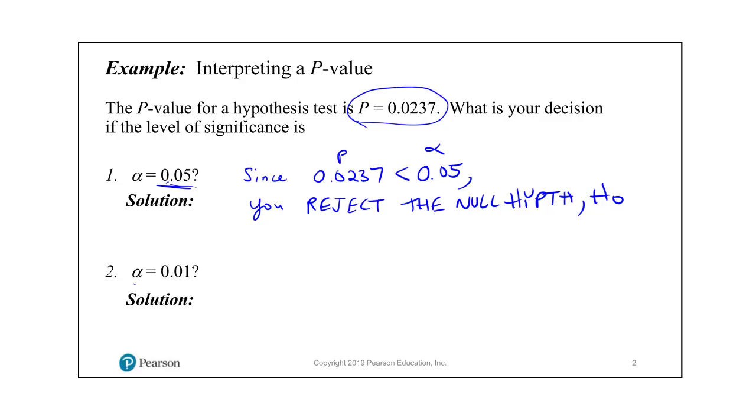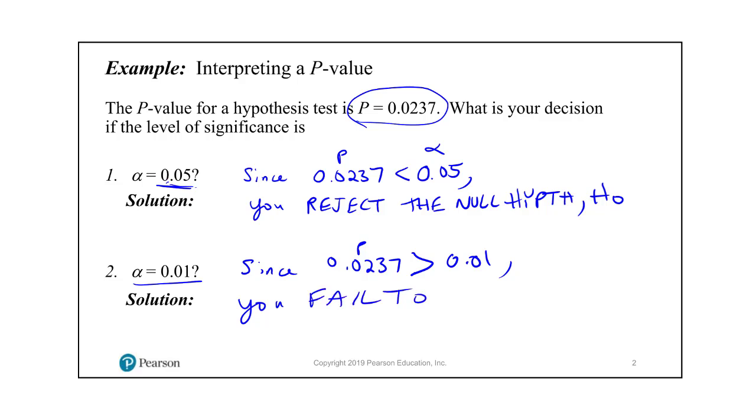All right, but now let's redo it. Now imagine your level of significance was 0.01, 1%. So now, since 0.0237, your p, is actually greater than 0.01, you fail to reject the null hypothesis H0.